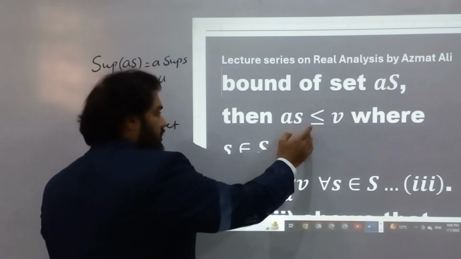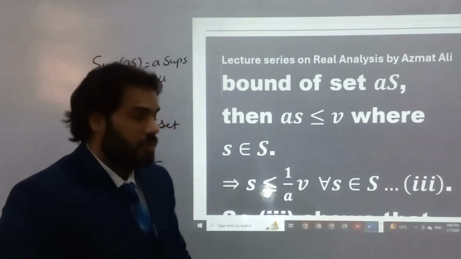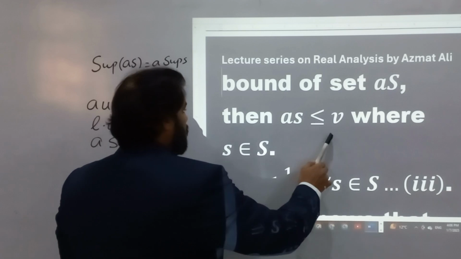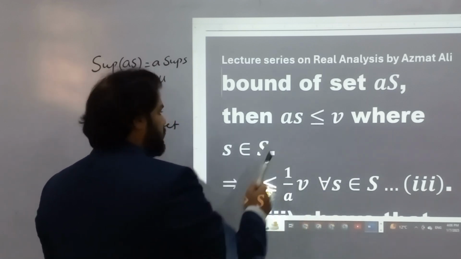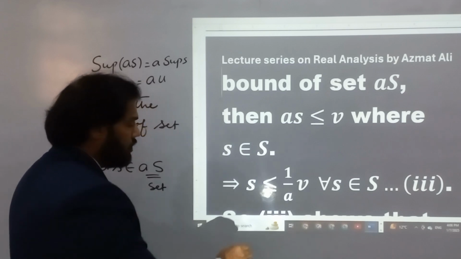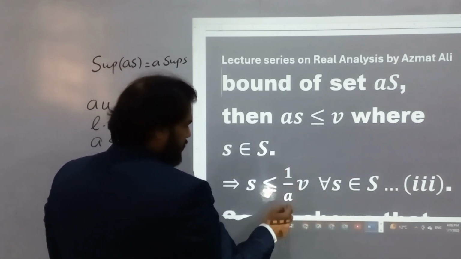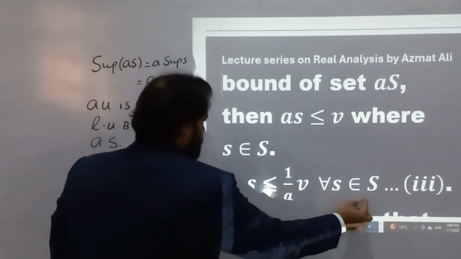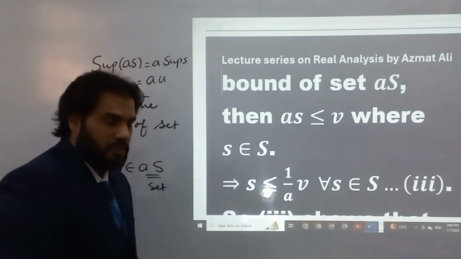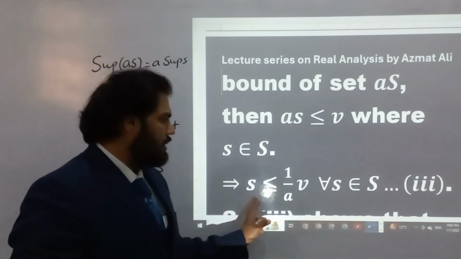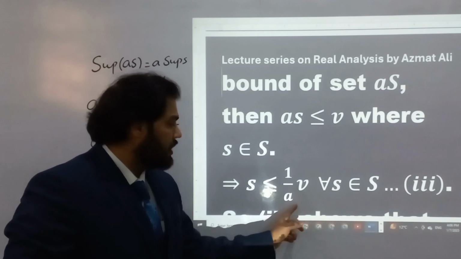Further, we convert this inequality for the elements of set S. For this, we multiply on both sides by 1 over A, or in other words, we divide this inequality by A on both sides. So this expression converts to S less than or equal to 1 over A times V. Since S is an element of set S, this shows that every element of set S is less than or equal to 1 over AV.